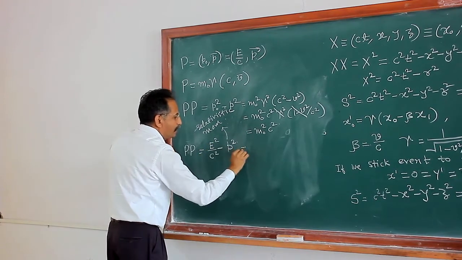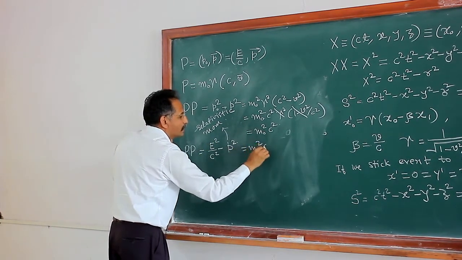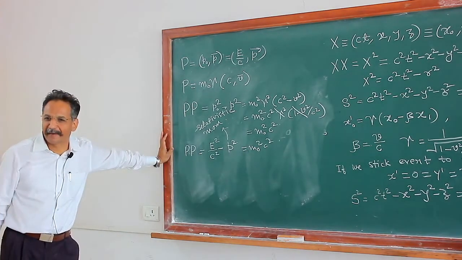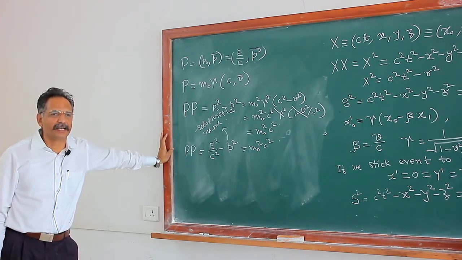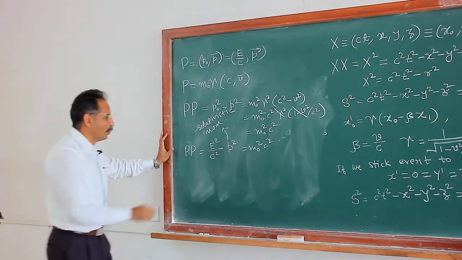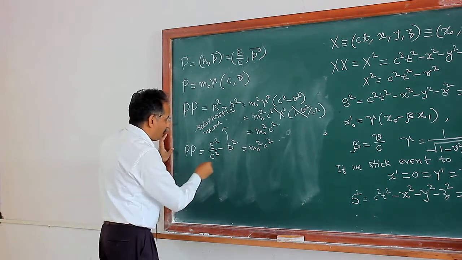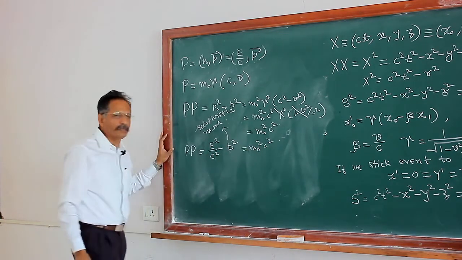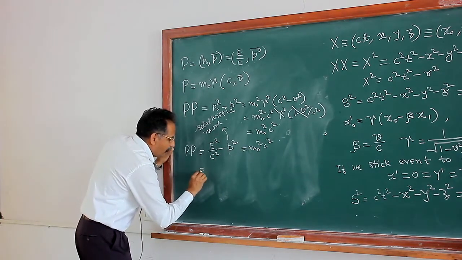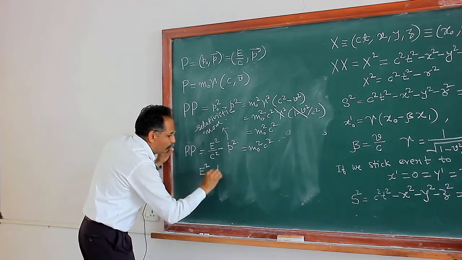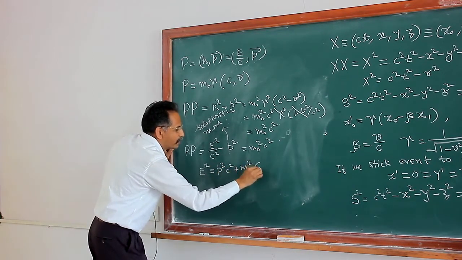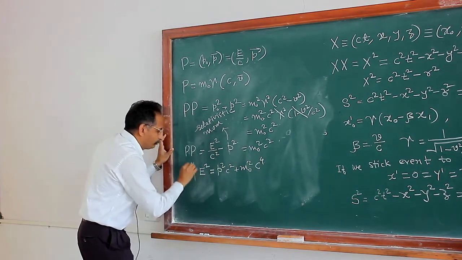So just immediately I will plug in the value M0 square C square equal to this. And if you look at this equation, it is that famous equation that theory of relativity has given us. So let me multiply both the sides by C square and carry this P square on right hand side. It will be E square equal to P square C square plus M0 square C to the power 4.